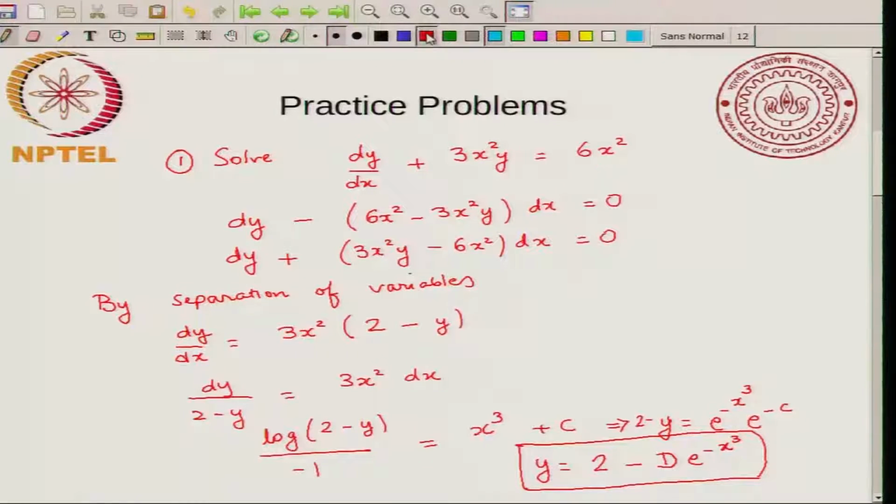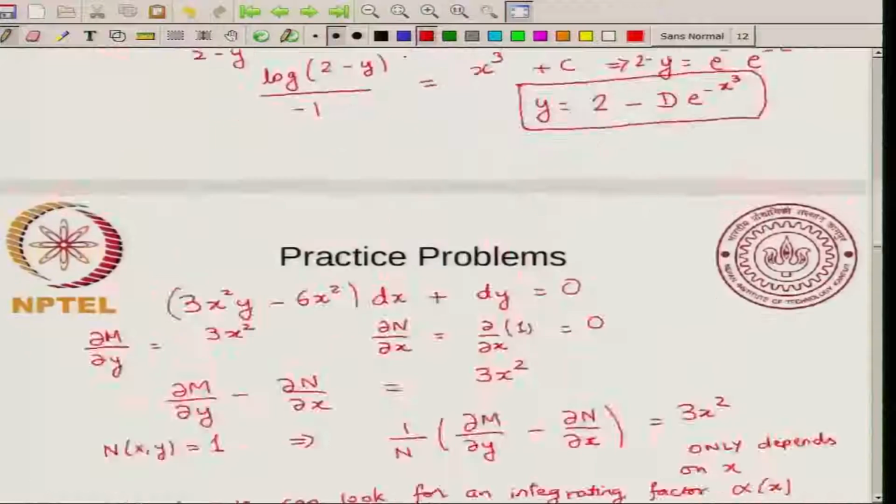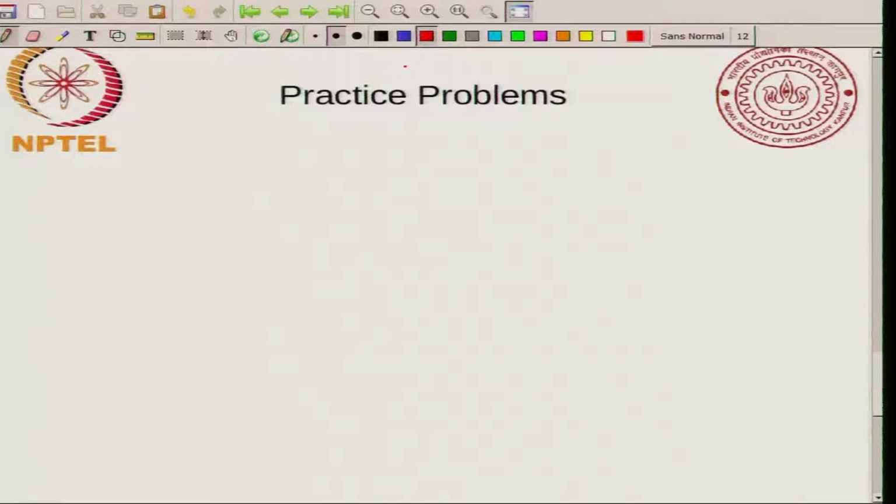Now the second problem that I will do will illustrate the use of matrix methods. So here what you will do is solve these equations.